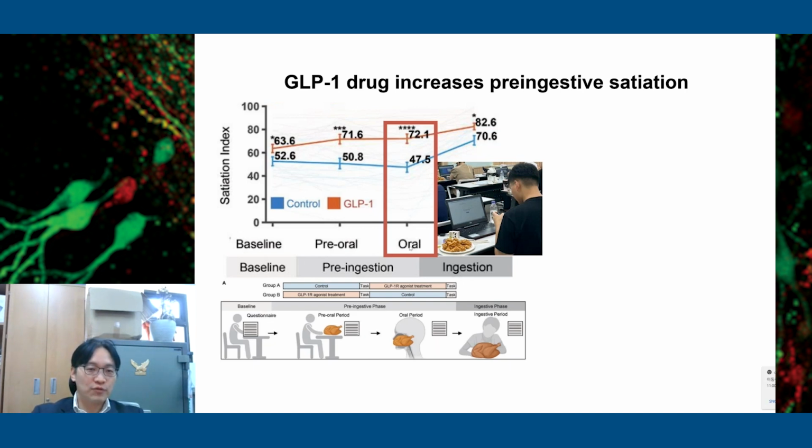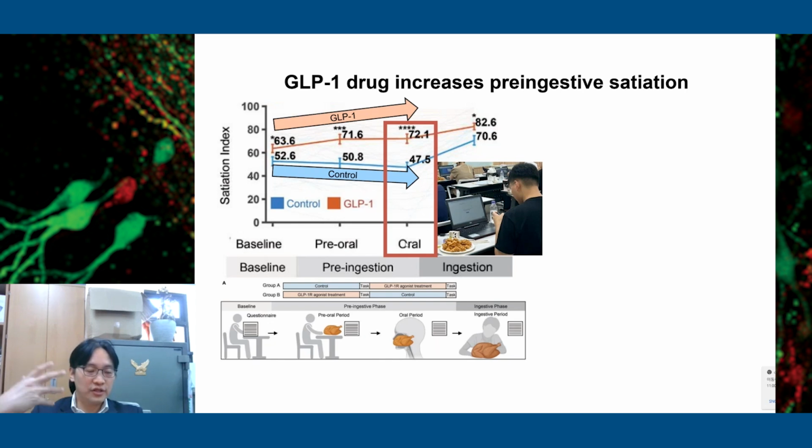And a few minutes later, let them swallow. So there are 4 different phases, and we recorded their satiation score by asking a visual analog scale survey: how much satiation do you feel? A score of 9 or 10. And then we saw that when they had this drug injected, their satiation score increased at this pre-ingestion oral phase.